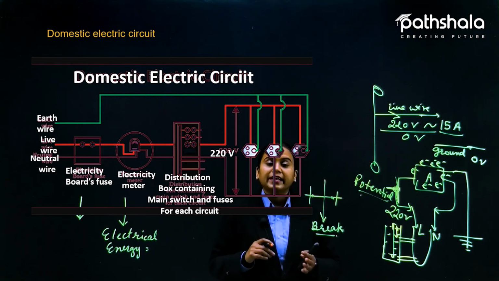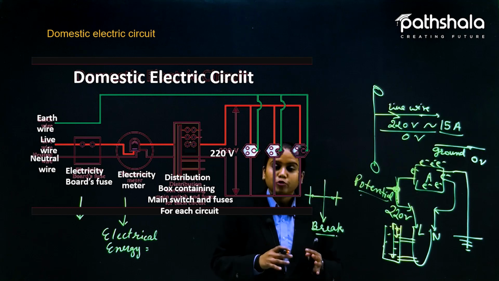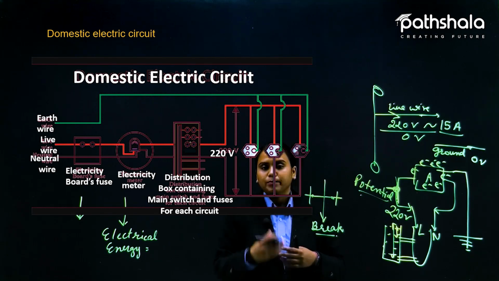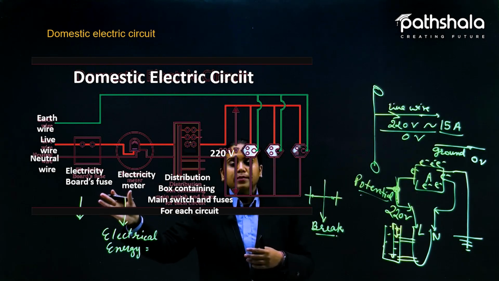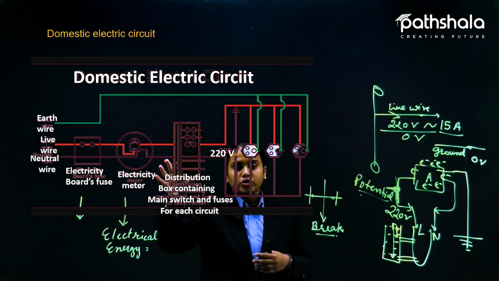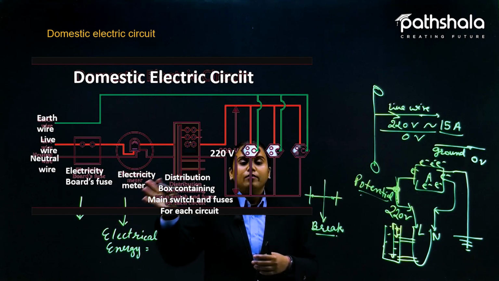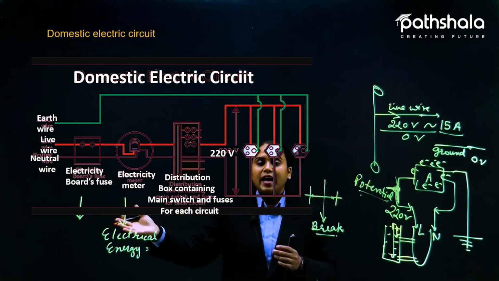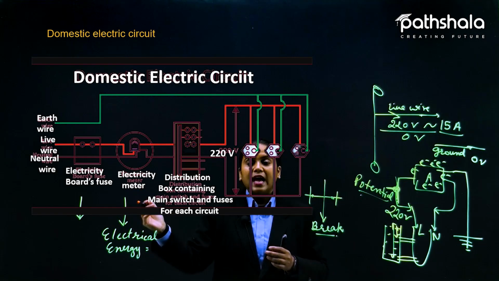So that is the electrical energy, the electrical consumption, how much electrical energy we are using particularly. Now this meter is also going to distribute the energy. After this, whatever energy we are using at home is calculated by this meter.